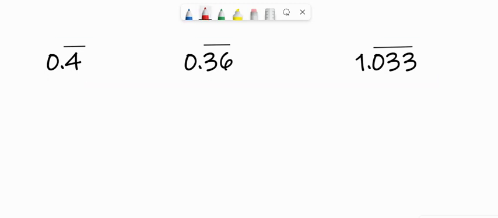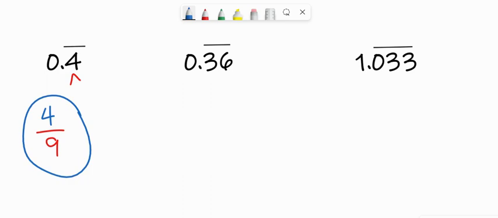In this one, there's only 1 digit repeating. And on the bottom, instead of a 0, it's going to be a 9. So 0.4 repeating is 4/9. You can't reduce that, so we leave it.